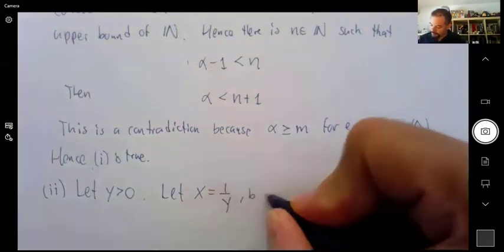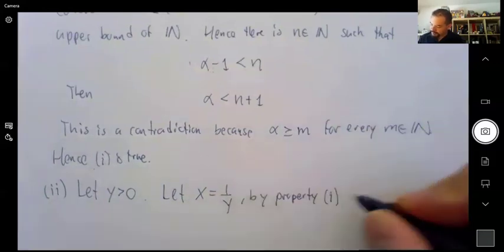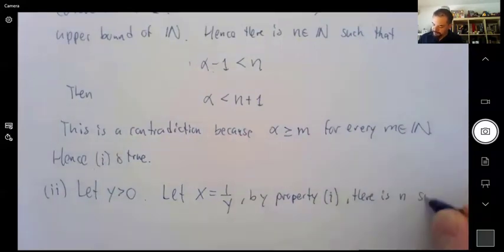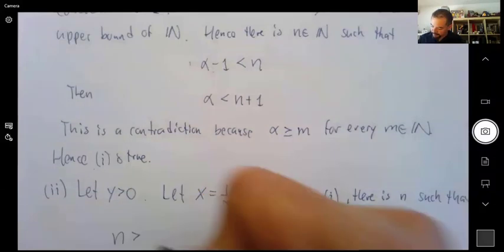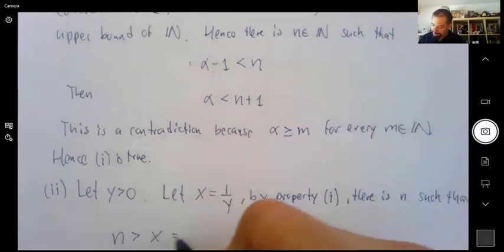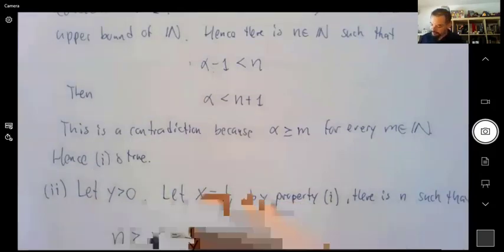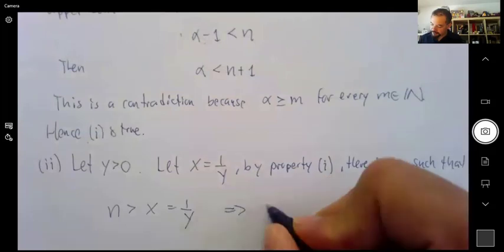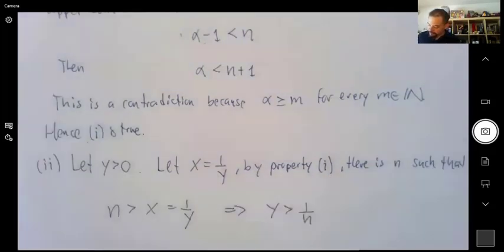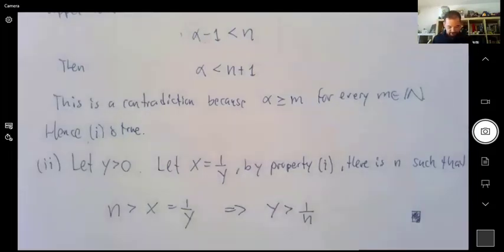By property 1, there is n such that n is bigger than x. But what is x? x is 1 over y. And then if you just multiply by y and divide by n, this tells you that y is bigger than 1 over n. And that's the end of my proof. So property 2 follows directly from property 1.